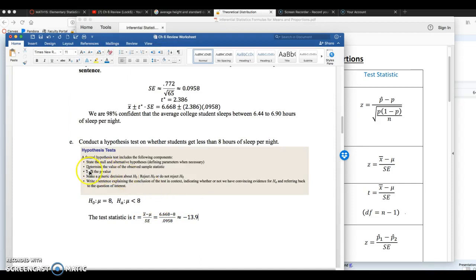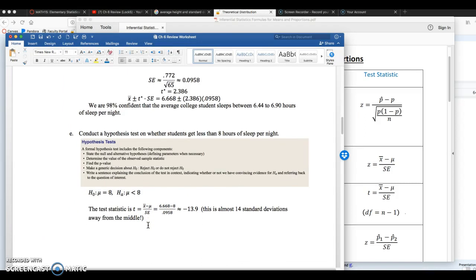All right, so I need to find the p-value, but let me just put this, this is almost 14 standard deviations away from the middle. That is highly, highly, highly unlikely. Remember that 95% of data is within 2 standard deviations. So just to point that out, I do want to compute the p-value and then decide.